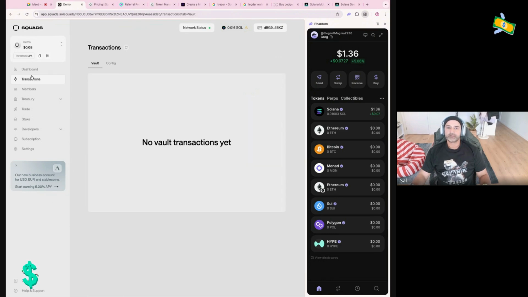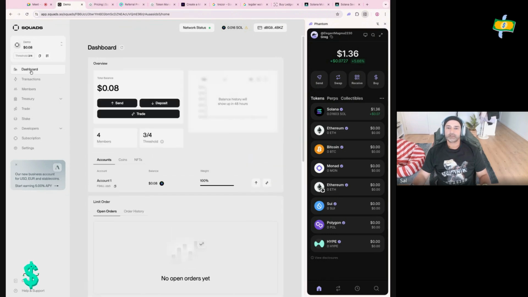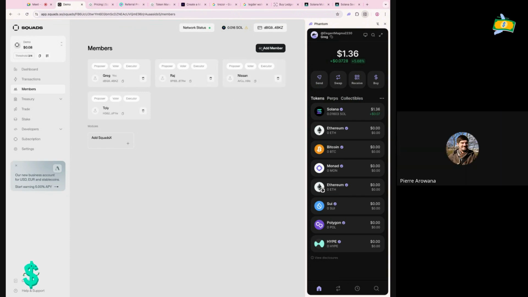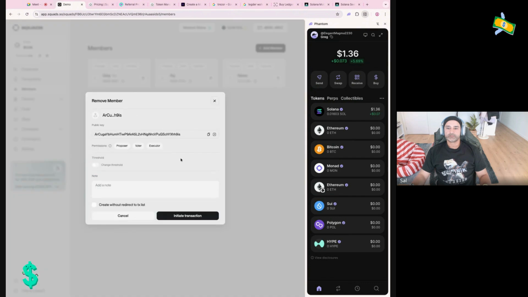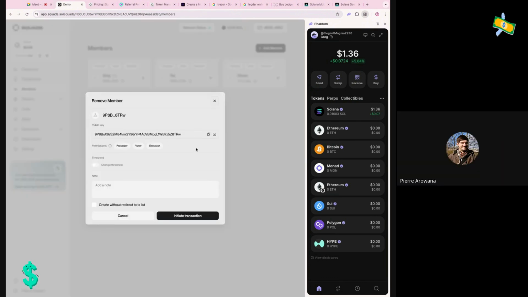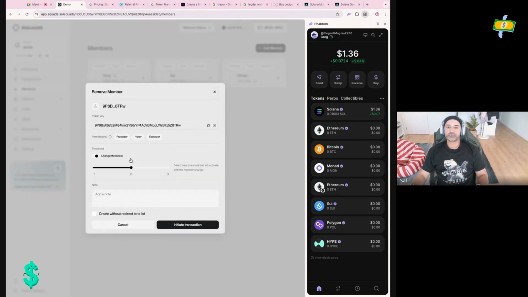So if I go back here and members, it's not going to get bricked per se. It's just bricked because Nissan's not here. If I knew Nissan was leaving, I would have done remove Raj and also change the threshold to 2 out of 3.